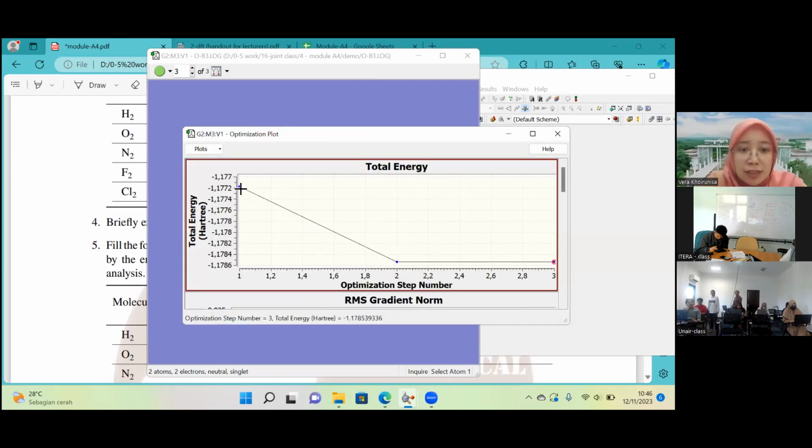So this is the first step. And then the second step, the energy is decreased. And the third step, it stops in the third step. So we need 3 steps to optimize H2.